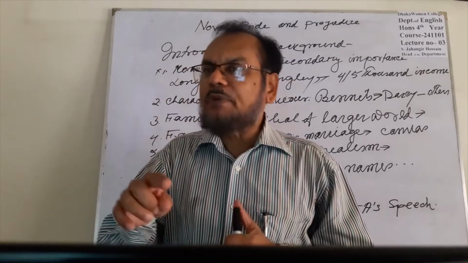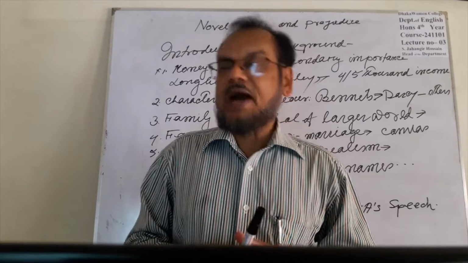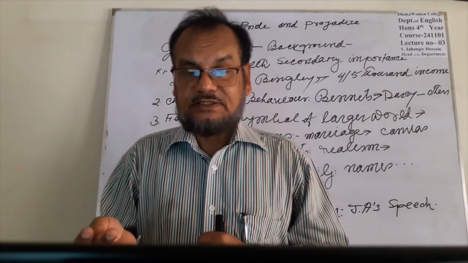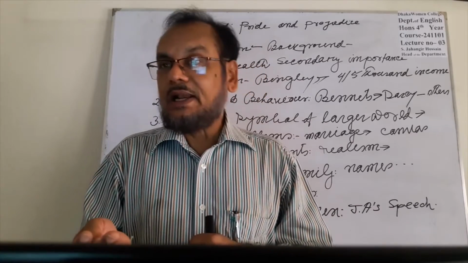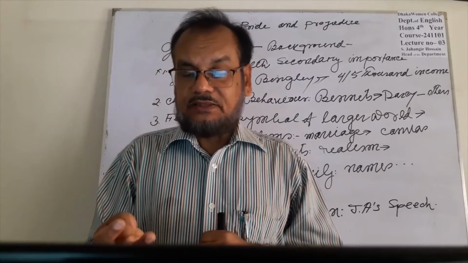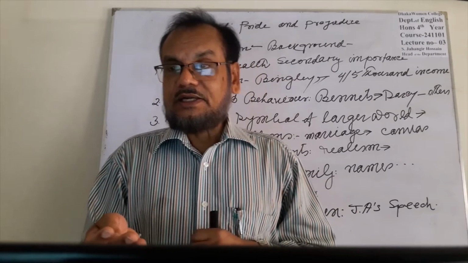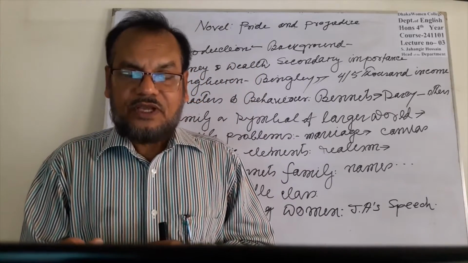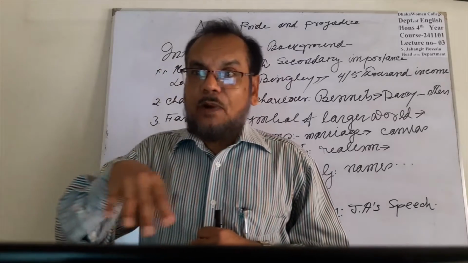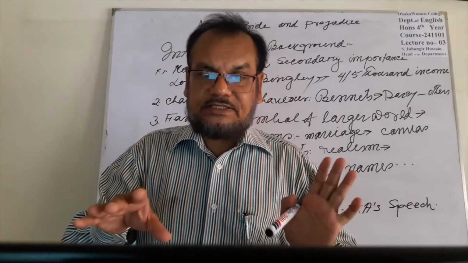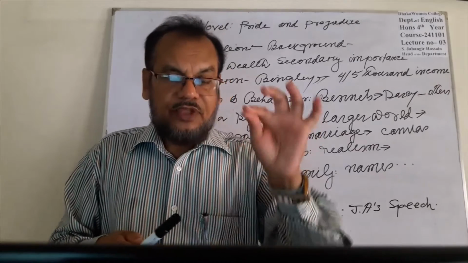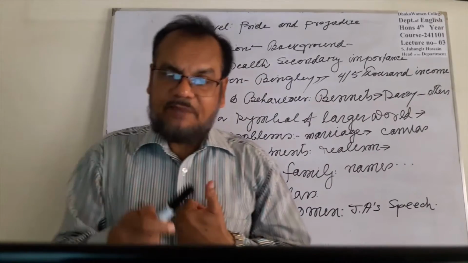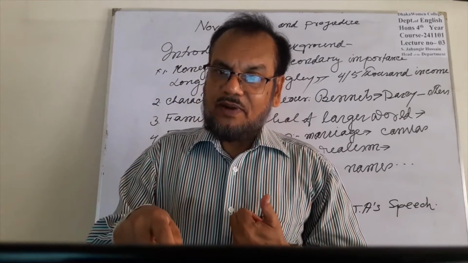Mainly the family of the Bennets consists of the father and five marriageable daughters: Jane, Elizabeth, Mary, Catherine, and the youngest, Lydia. So, these five marriageable members are the main theme of the family and also of the novel.